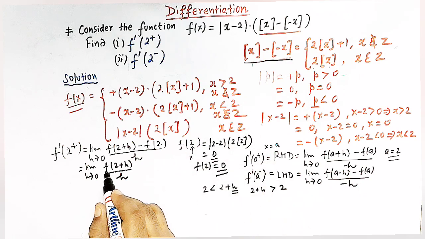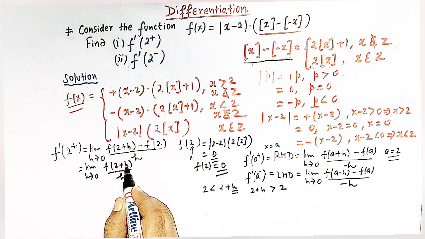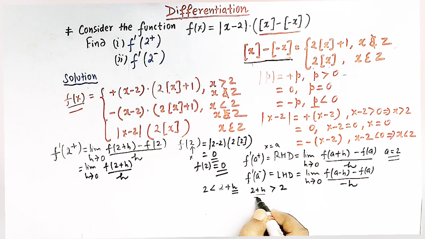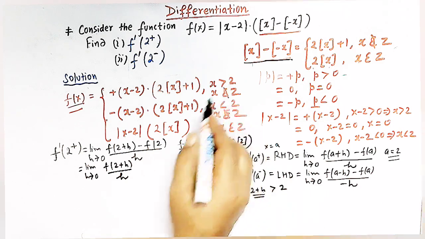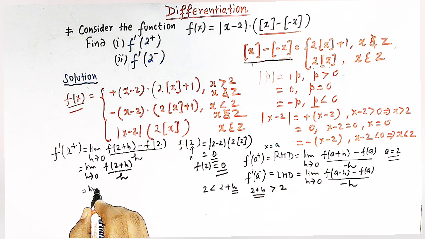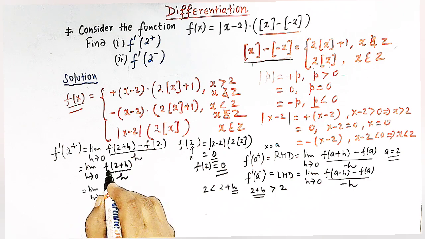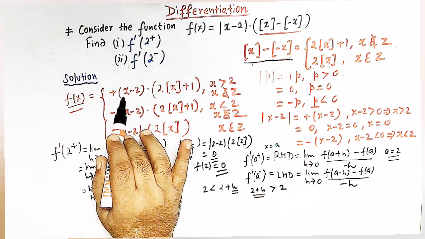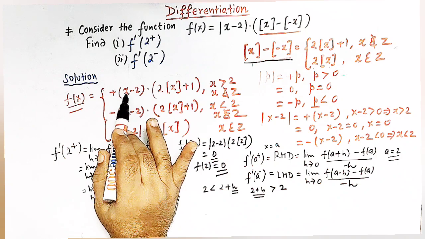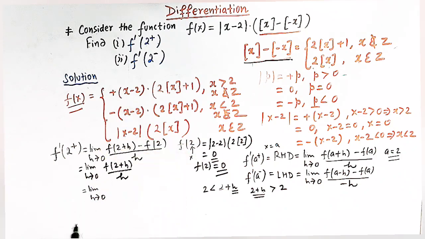So to calculate f of 2 plus h, we'll first see that this 2 plus h is greater than 2, right? So now we have limit h tends to 0, f of 2 plus h can be obtained by replacing x by 2 plus h.